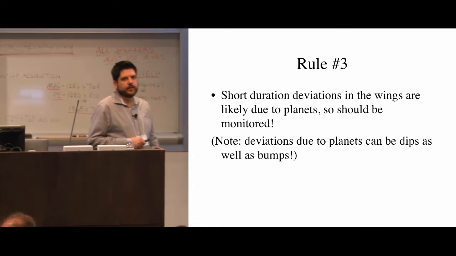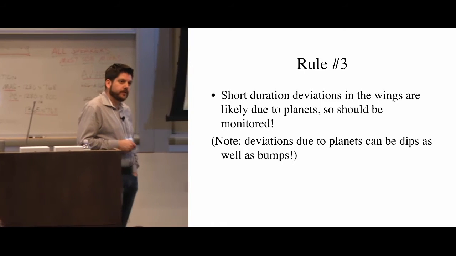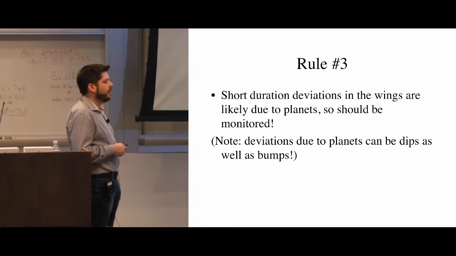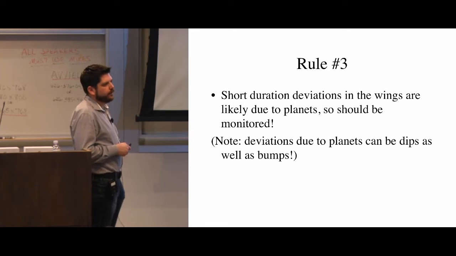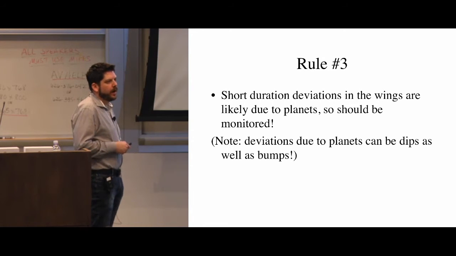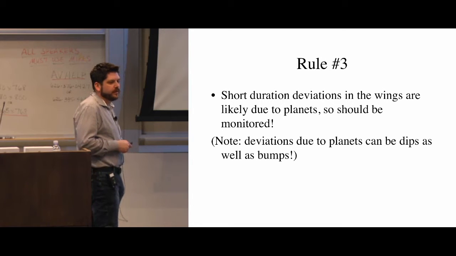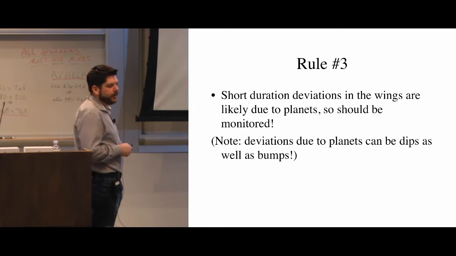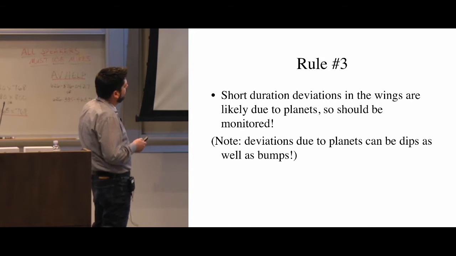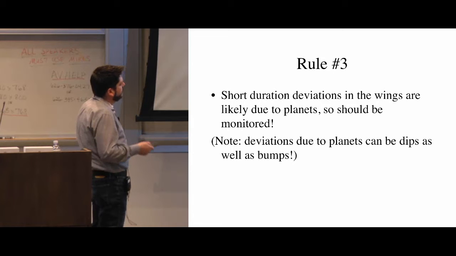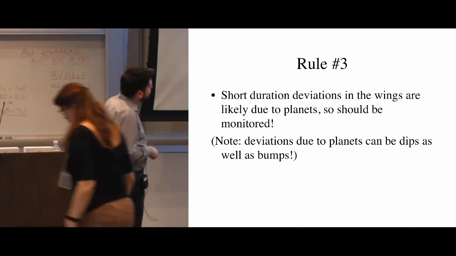And in many cases, you can read these off by eye, actually for all 3 cases, the binary source, binary lens, and planet. You can more or less derive the canonical parameters just from the properties of the deviation, at least to within a factor of few. And again, one of the exercises is you're going to do that for a planetary perturbation. But keep in mind, you can also have dips.